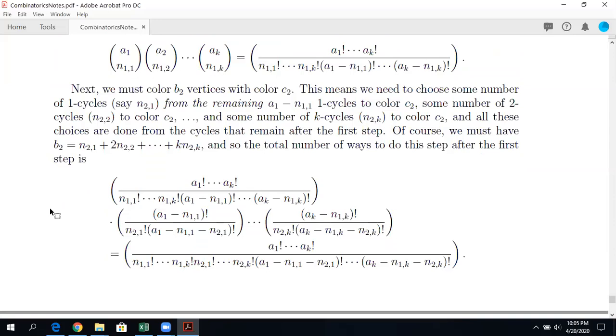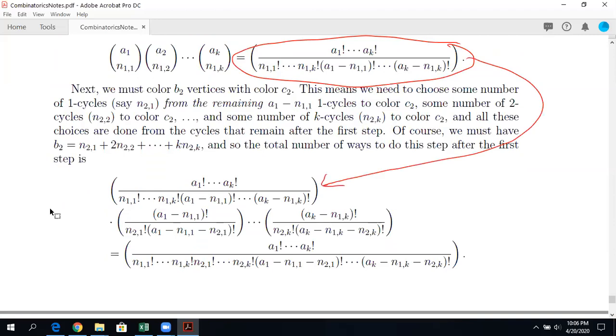I did was transfer this guy right there. Okay, and then what I did is I just wrote down all of the chooses again. This first thing is just like A1 minus N11 choose N21, and I just wrote out the factorials. And one thing you might notice pretty quickly, if you're paying attention here, is that you get some nice cancellation.